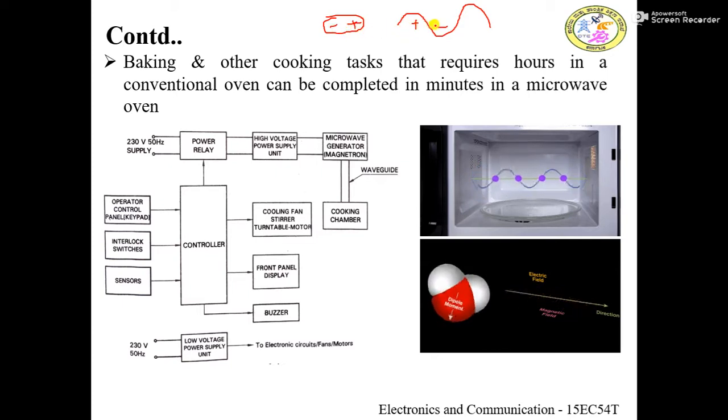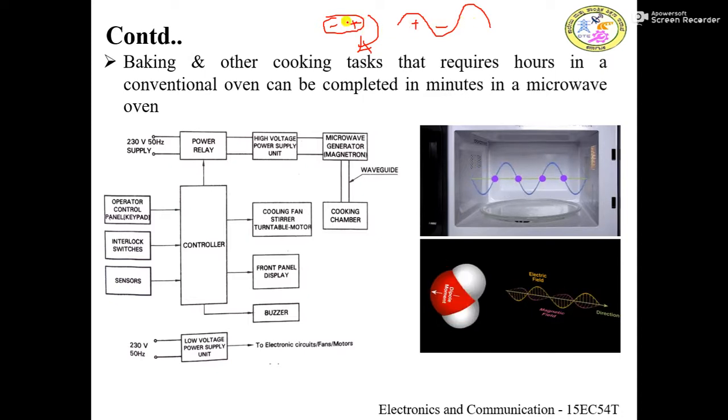Similarly, after the phase reversal, during the negative half cycle, the positive end of the dipole will be attracted towards this end. So this dipole is going to rotate according to the phase reversal of the electromagnetic wave.